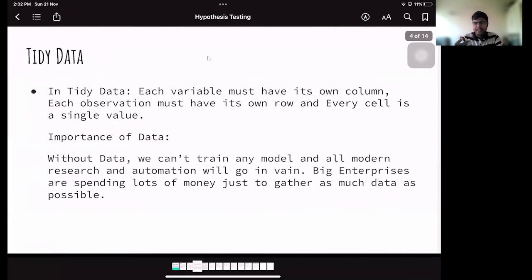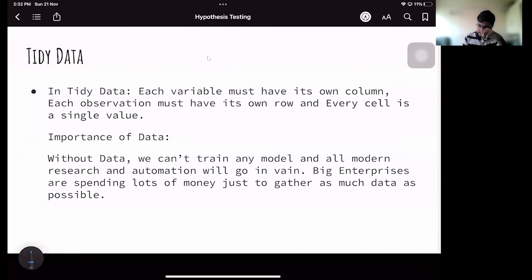Tidy data is almost the same as good data. So basically it is the kind of data we want for a machine learning algorithm. In tidy data, three important things are there. The first thing is that each variable must have its own column. Let's say the Excel sheet is here, and these are the observations 1, 2, 3, and these are the columns, column 1, column 2, column 3.